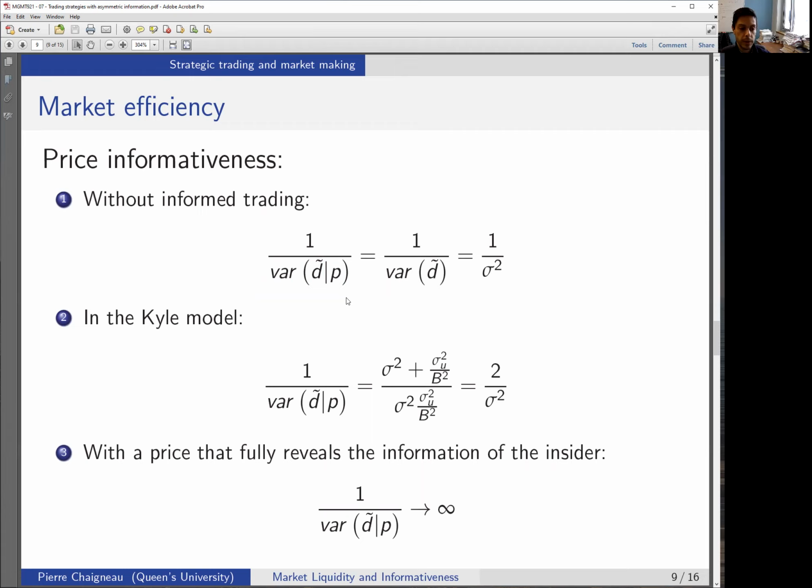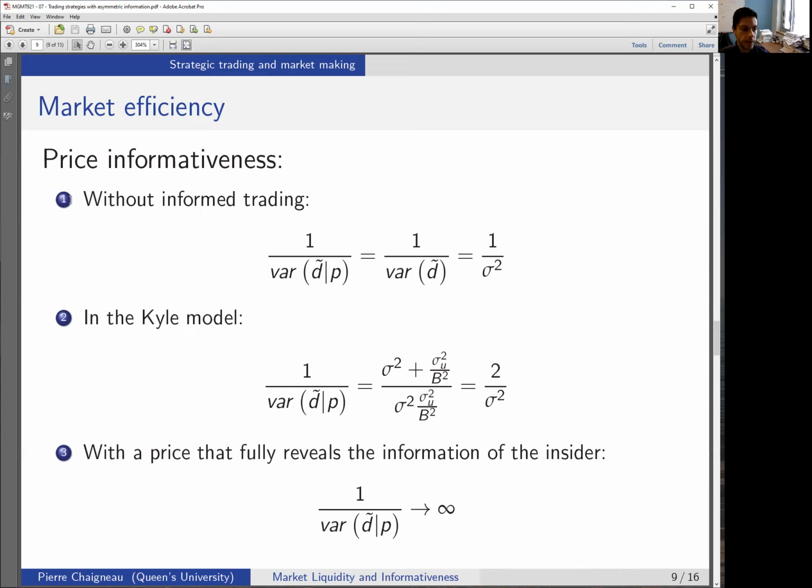Why is it the residual uncertainty? Because this is the variance of d tilde conditional on P. So once you observe the asset price, what is the residual uncertainty about the value of the asset? Okay, and so the larger this is, the more markets are efficient and the more they transmit information.